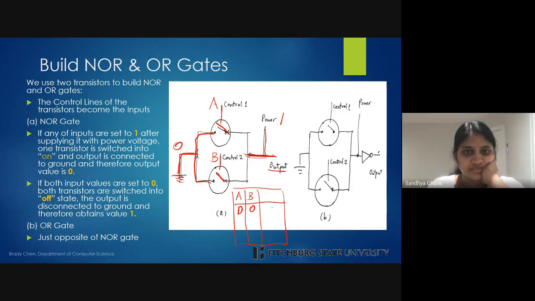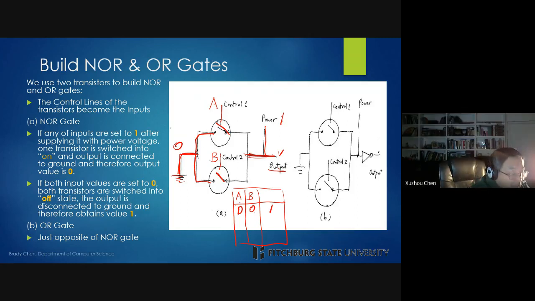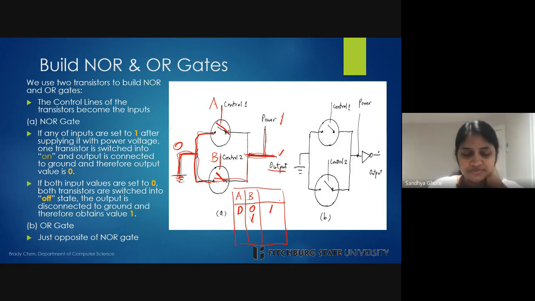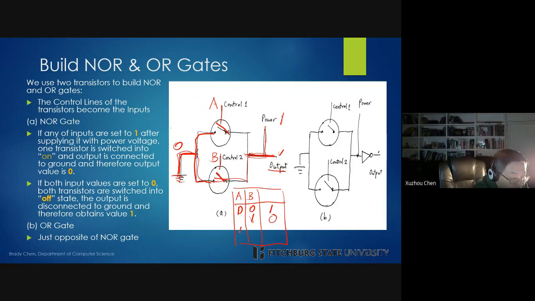So the output gets the power, 1. Now, if any of these are connected, if B is 1, the control B is applied 1, so the switch is on. Then the output is connected to the ground, so that's 0. If A is 1, it's 0. If both are 1, it's 0.